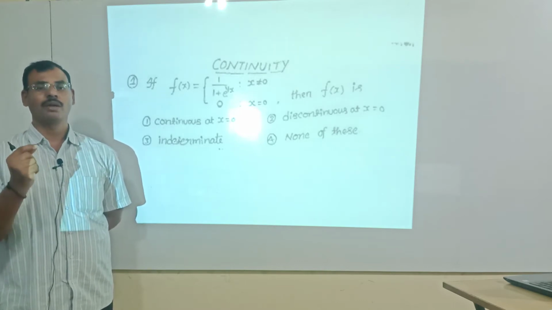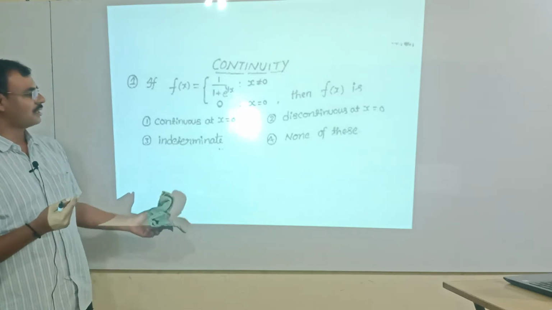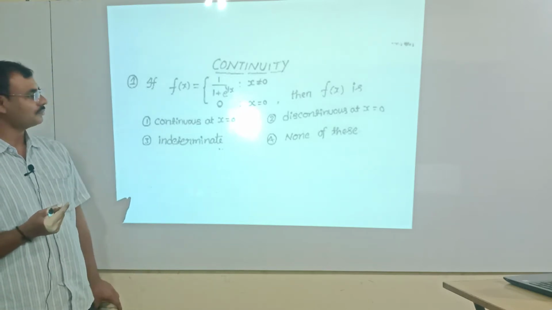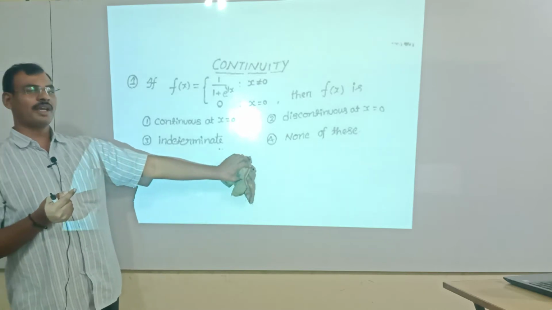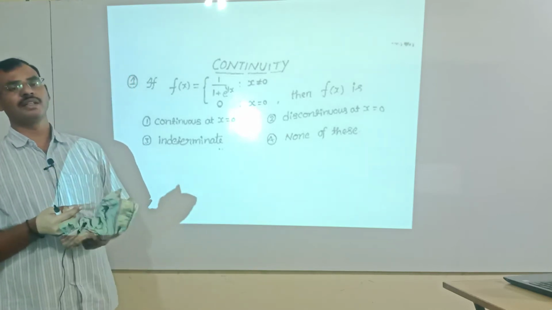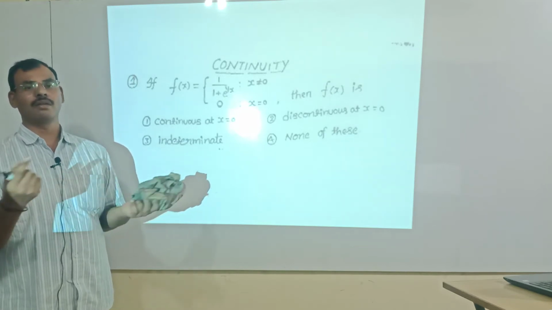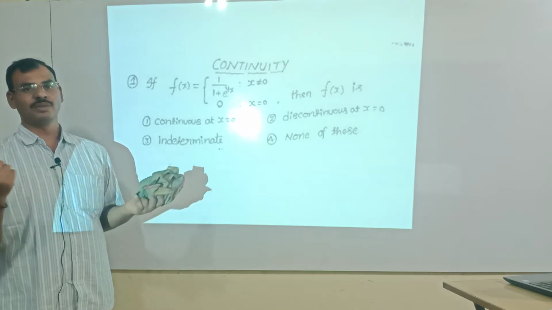Continuity means without a break. Next, the mod x function is continuous on its domain. What is the domain of mod x? All real numbers, minus infinity to plus infinity.